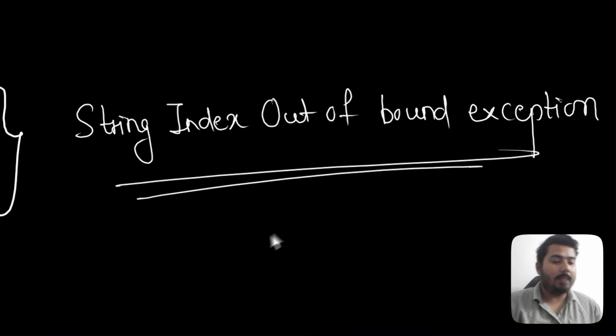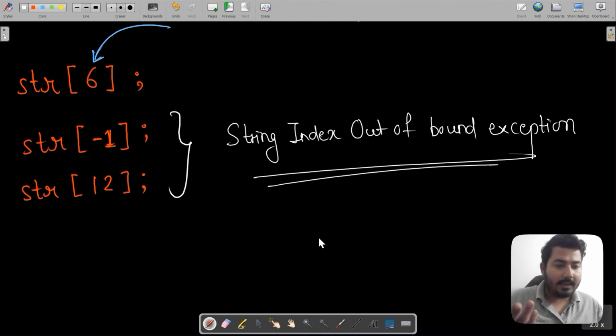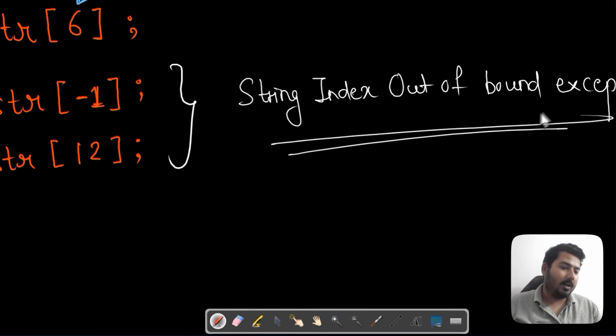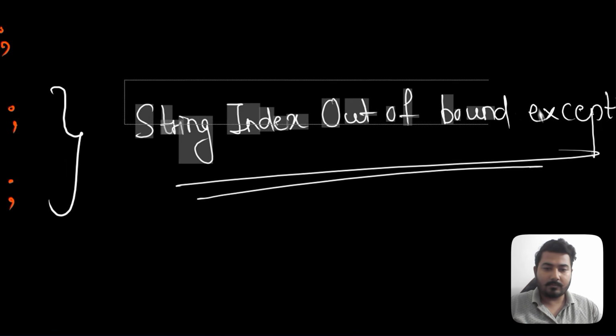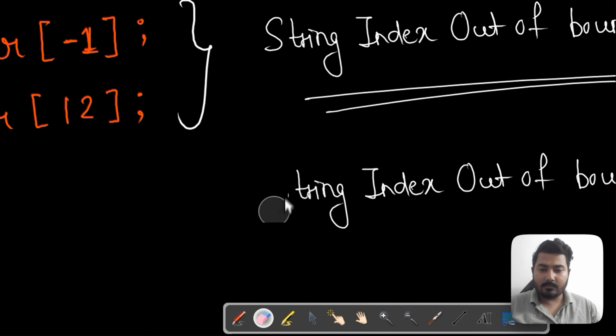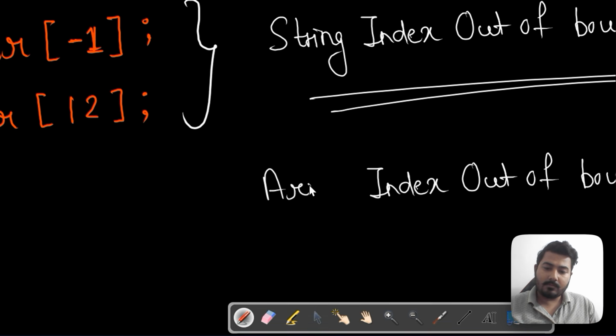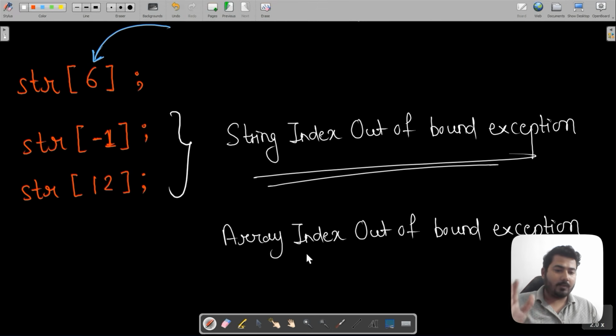That will be the name of your exception. Exact same thing if you try with an array, it is also going to provide a similar kind of exception. Only the name of that exception would be array index out of bound, as straightforward as that.